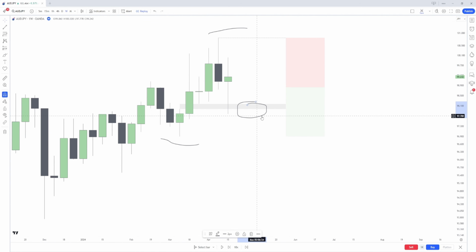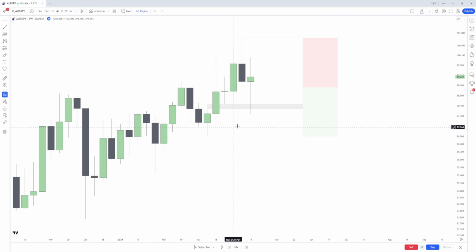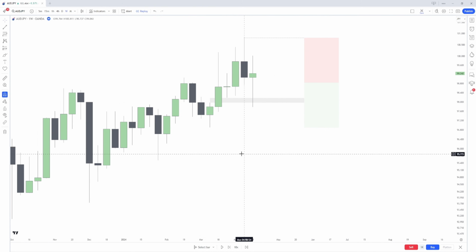So we have a very, very clear drawn liquidity on AUDJPY from internal to external. Not only is that internal to external move very clear and obvious to me, but it's in the direction of the monthly order flow, like I stated previously, bullish, an uptrend.